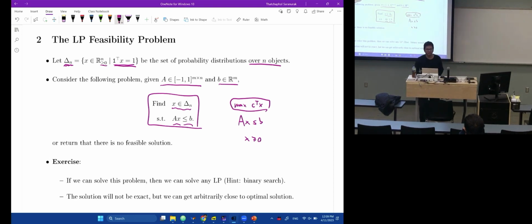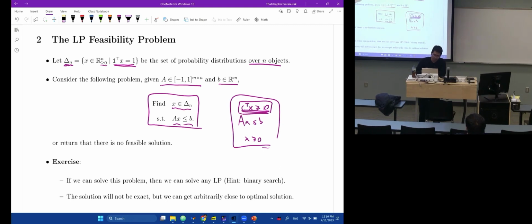Why? Because you can ask if there is an x such that c^T x is greater than some threshold, and do some binary search. So you can do binary search and find the best x such that this is maximized. Just include this as another inequality constraint here.